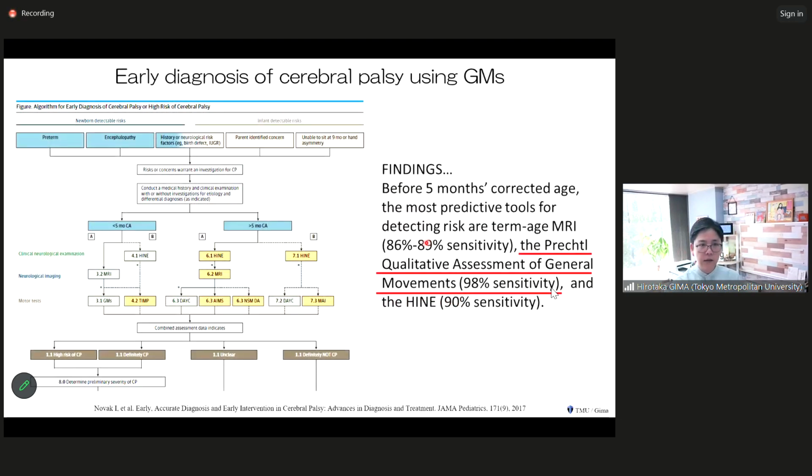Okay. I think this paper was introduced in Dr. Johannes Prechtl's lecture earlier. In a systematic review summarizing the clinical reports of neurodevelopmental assessment methods reported by Dr. Novak in 2017, the GM assessment showed the best predictive properties before 5 months of corrected age.